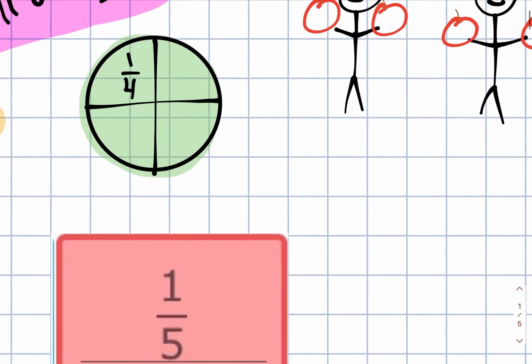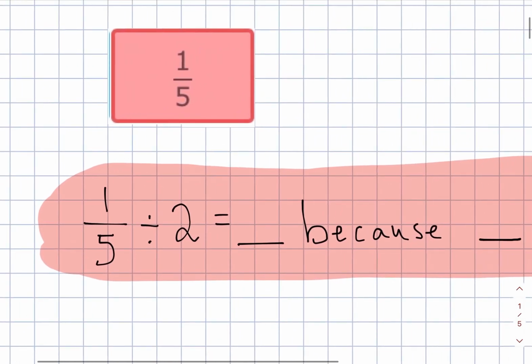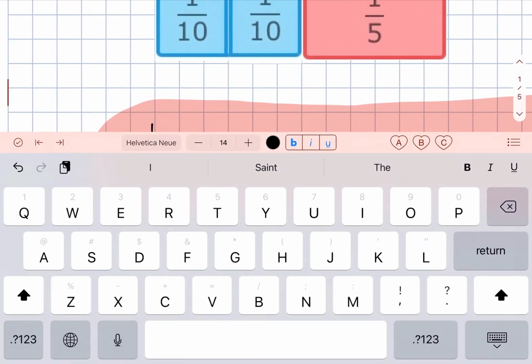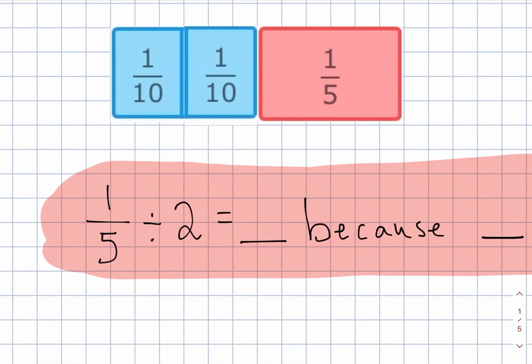Let's take a look at some examples here and see what I mean. All right, 1/5 divided by 2. What is 1/5 divided by 2? Let's take a look. If I divide 1/5 by 2, I get 2 pieces. I can see that each of these pieces is 1/10.